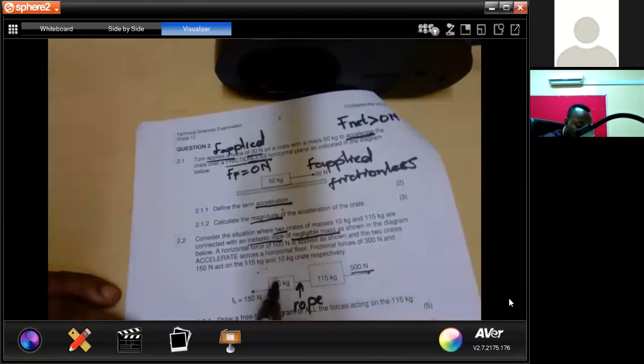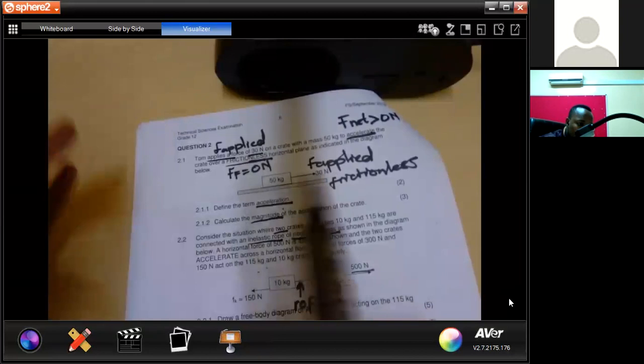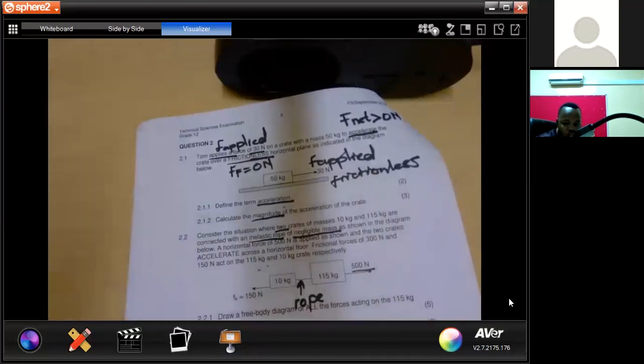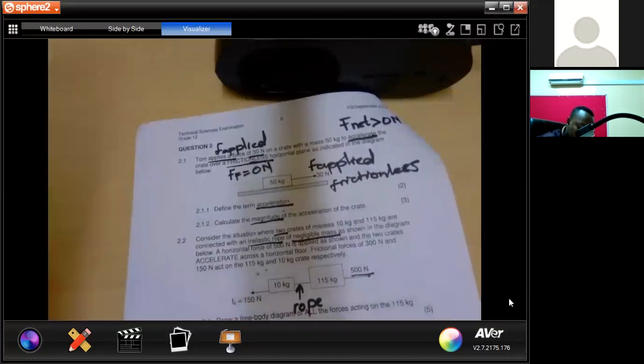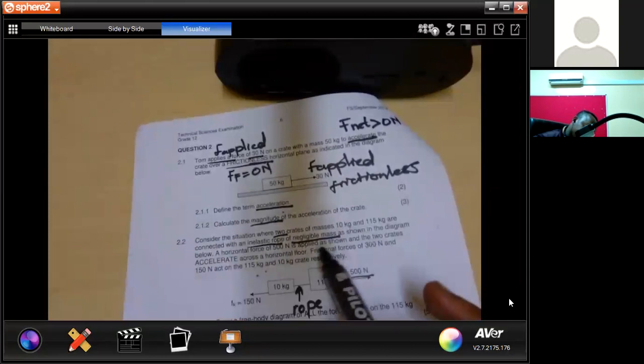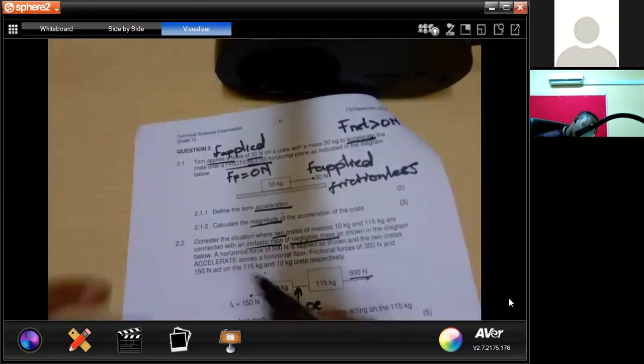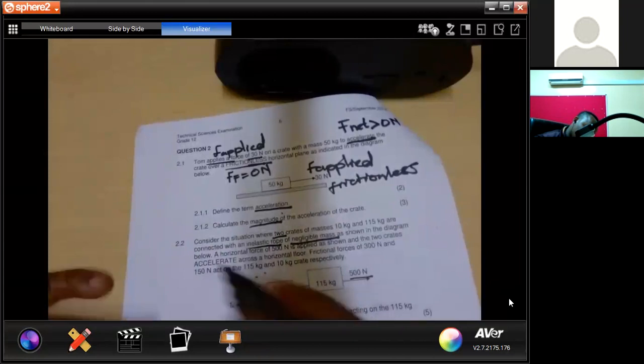It is not acting on the 10 kilogram object, even though they are one system, even though they are connected together. So it is only acting on that object. In other words, there is a net force.